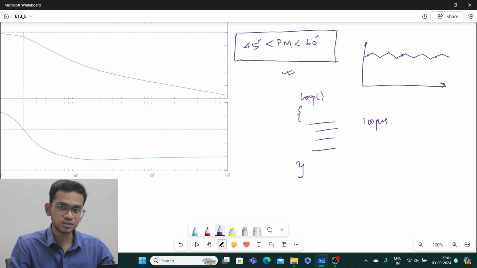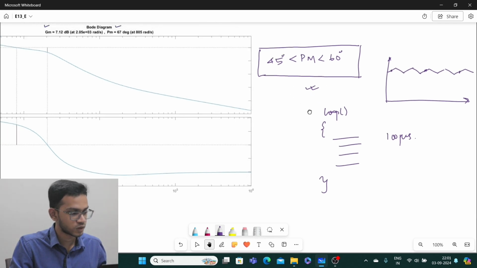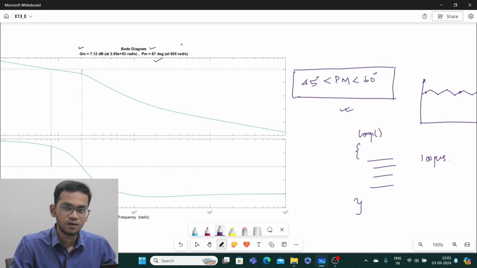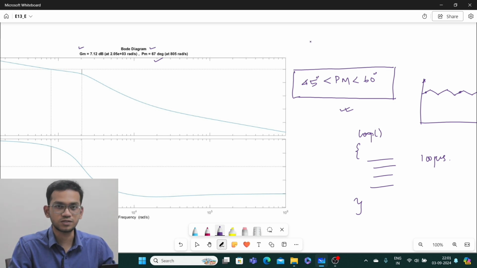Even if I'm taking a sample at every 100th microsecond only, still my system is stable. This is the conclusion here. By checking the closed loop system stability, we are concluding that even if I am doing this, this particular buck converter which I have designed is stable.